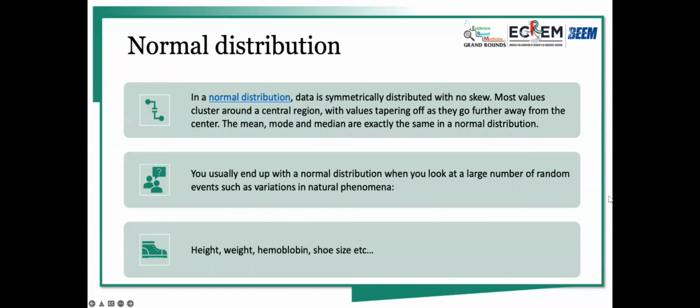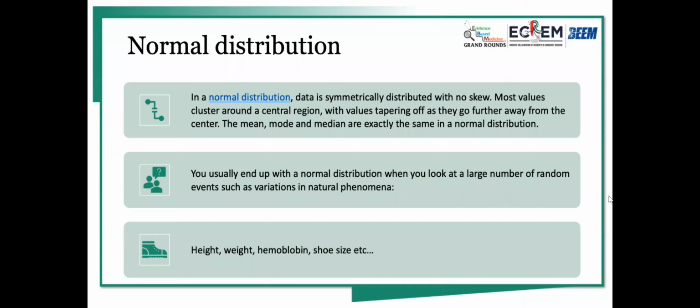So in a normal distribution, the data is symmetric. The values cluster around a central region, and they sort of taper off away from the center. In a normal distribution, the mean, the mode, and the median are exactly the same.